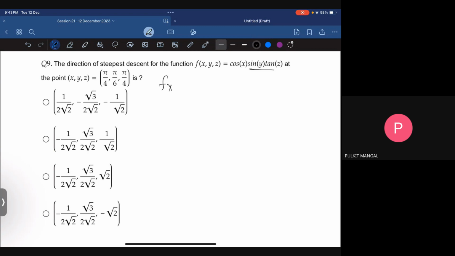So sin y and tan z terms are constant. Only need to differentiate cos x. The derivative of cos x is minus sin x. So we get minus sin x sin y tan z.